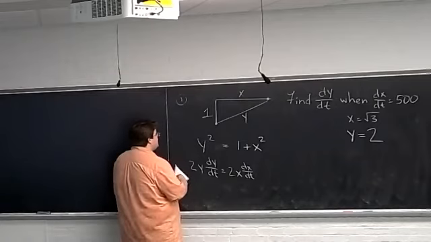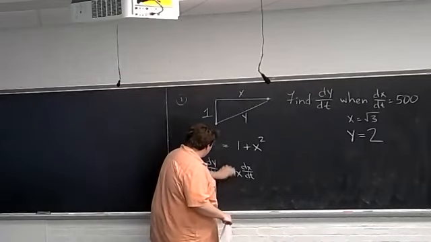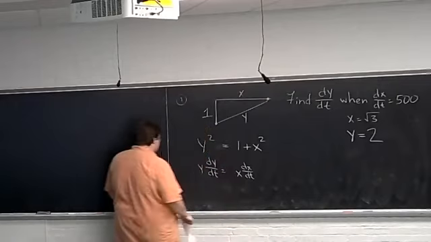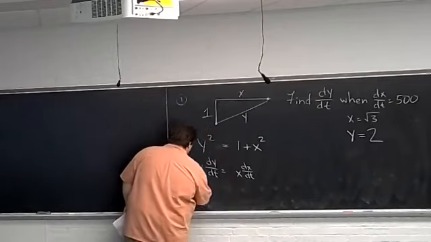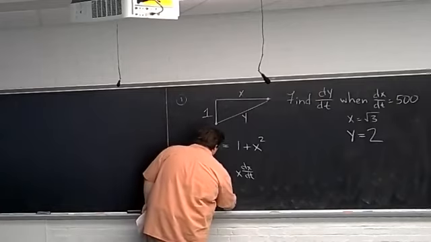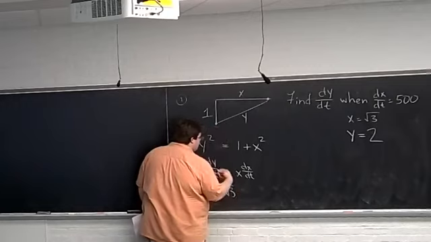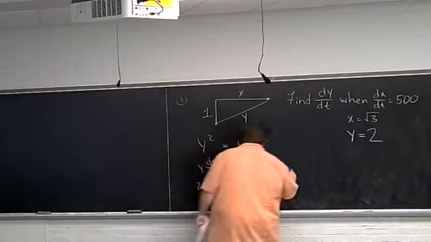There are 2's everywhere, so we don't have to worry about those 2's. y equals 2, and when y is 2, x is √3. dx/dt is 500.